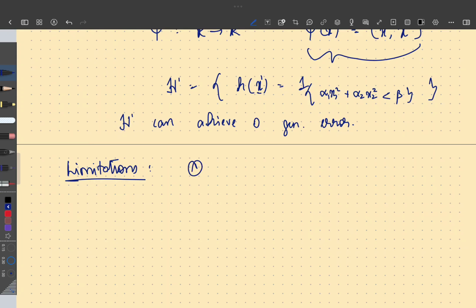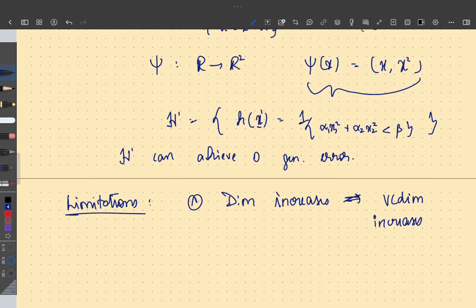Since you're going to a higher dimensional space, number one, the dimension of the ambient space or the domain is now increased, and therefore the VC dimension also increases. Because ultimately the VC dimension of your hypothesis class is D plus 1, where D is the dimension of the domain. So the VC dimension of H prime is going to be the dimension of H prime plus 1.